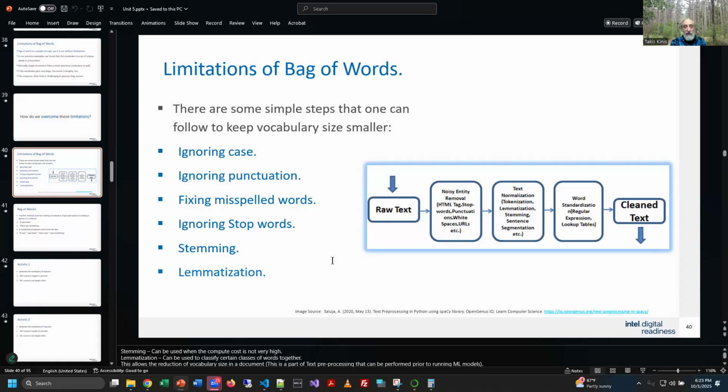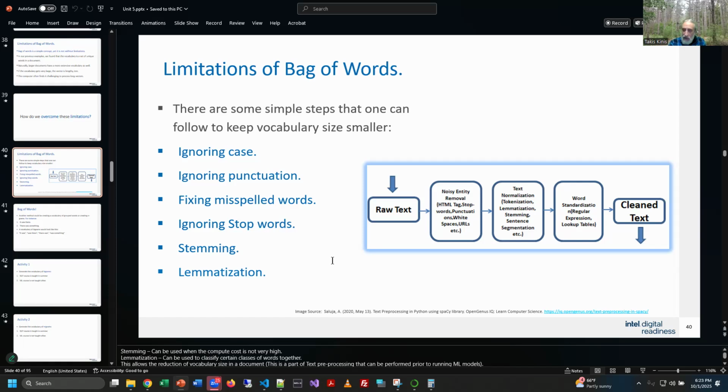If you look at the little graphic there, we bring in raw text. So noisy entity removal, which is removing HTML tags, stop words, punctuation, white spaces, URLs, etc. On a web page, if you ever look at the code, it's all this stuff that really isn't the content, even though that's what we're seeing on the screen. So when you're processing a web page, you've got to remove all that stuff before you get to the content.